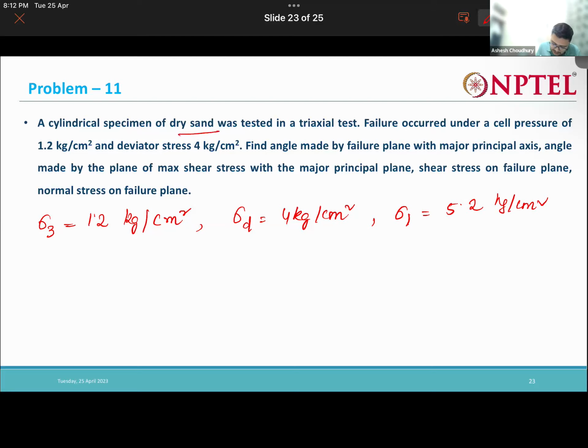Now this is a sand, right? So for sand we can take c equal to 0. So we have sigma 1 is equal to sigma 3 tan square of 45 plus phi by 2. Since c is 0, that part is not there. So from here, please find out phi. What will be phi from here?